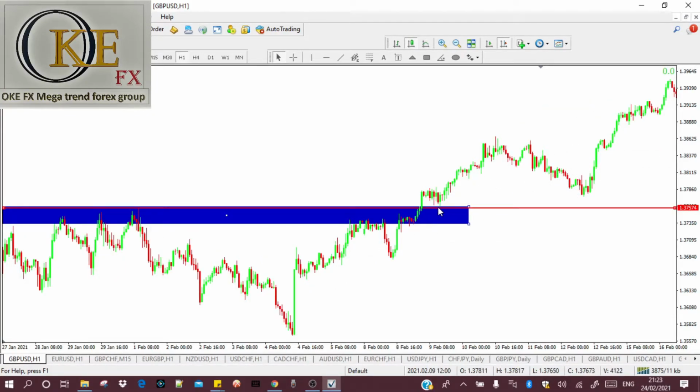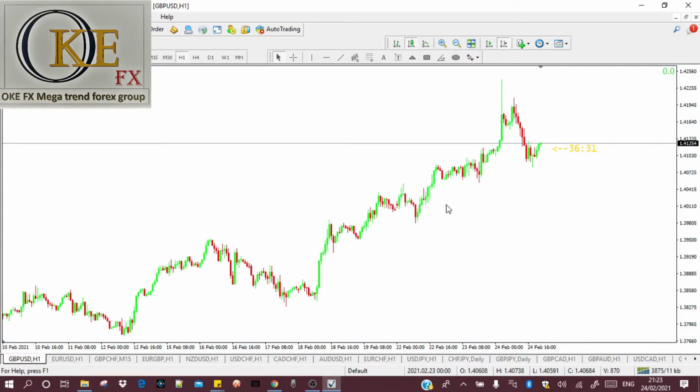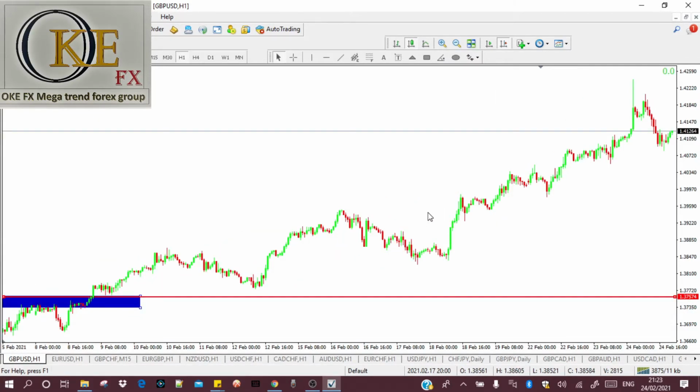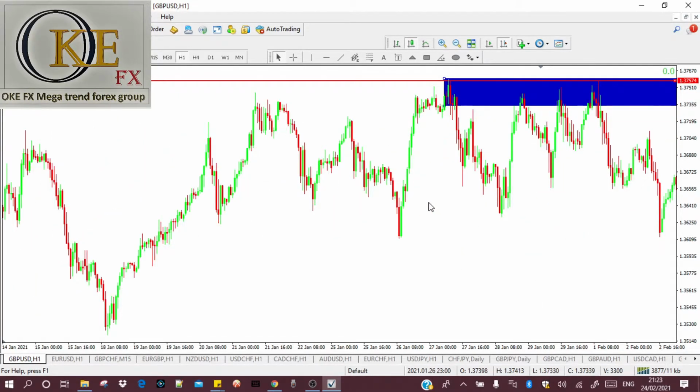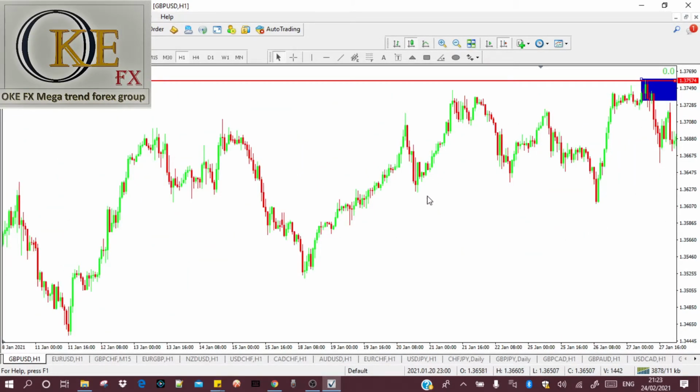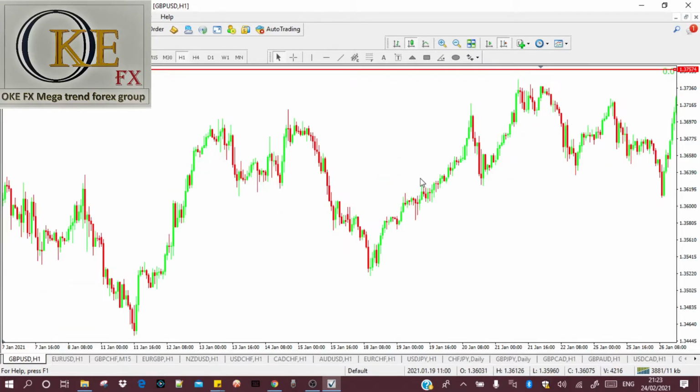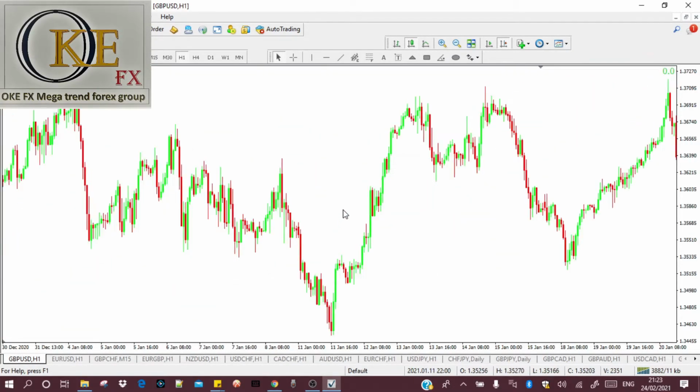Are you getting it? This is very essential because it helps you stay very much focused in the market. It enables you not to get swayed by every swing, every high or low you notice in the market.